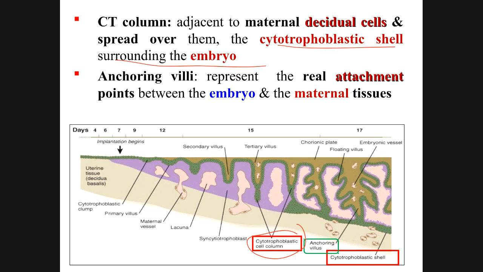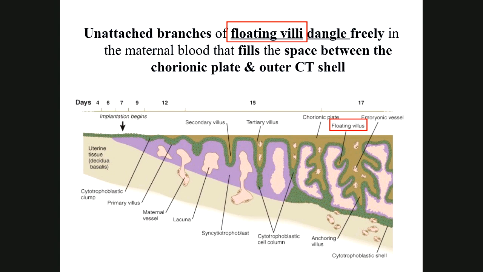This is the cytotrophoblastic shell you can see in the green, right? And the cytotrophoblastic shell forms the column here and goes beyond the syncytiotrophoblast, which is purple in color here in the diagram, and the green is all cytotrophoblast, so it forms a shell, right? Okay, moving on to the next.